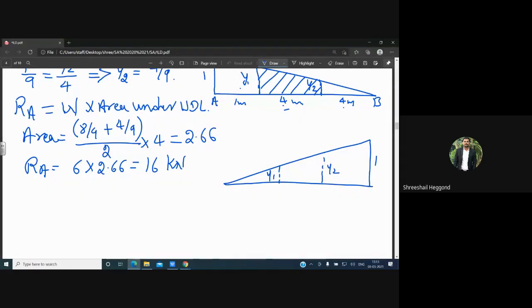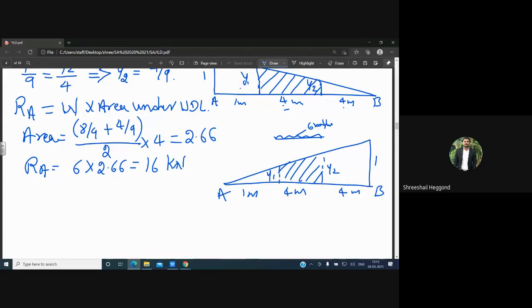You need to find out the area between y1 and y2. This is A point, this is B point. The UDL of 6 kilonewton per meter is active for a span of 4 meter. Remaining span is 4 meter. Remaining span on the left hand side is 1 meter.